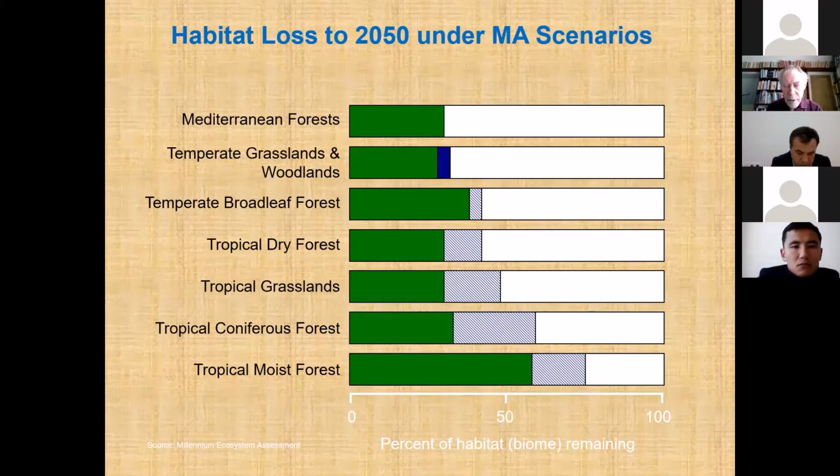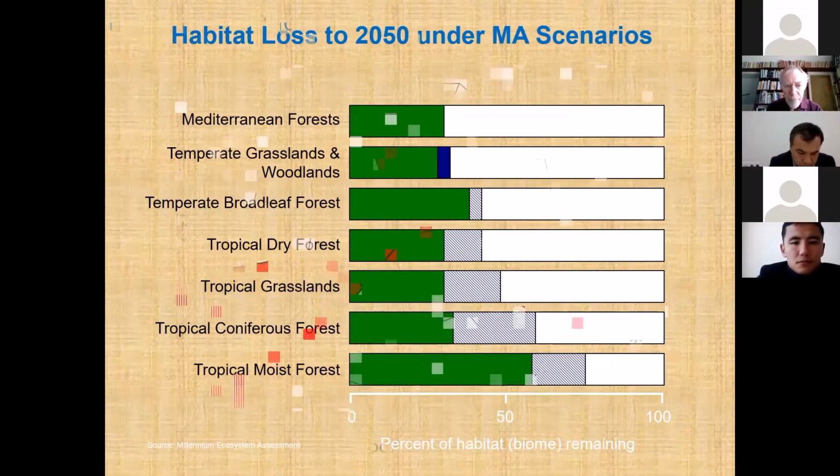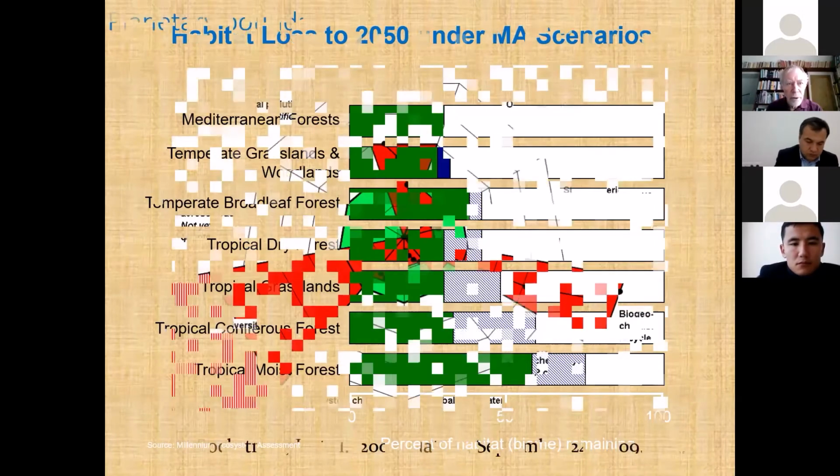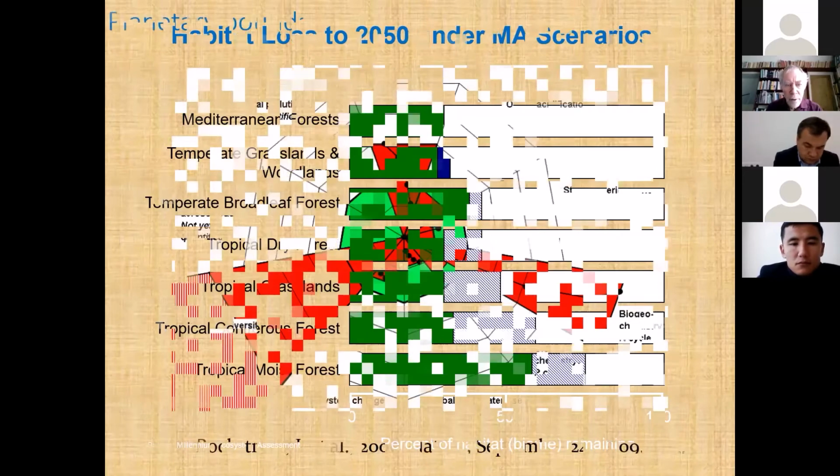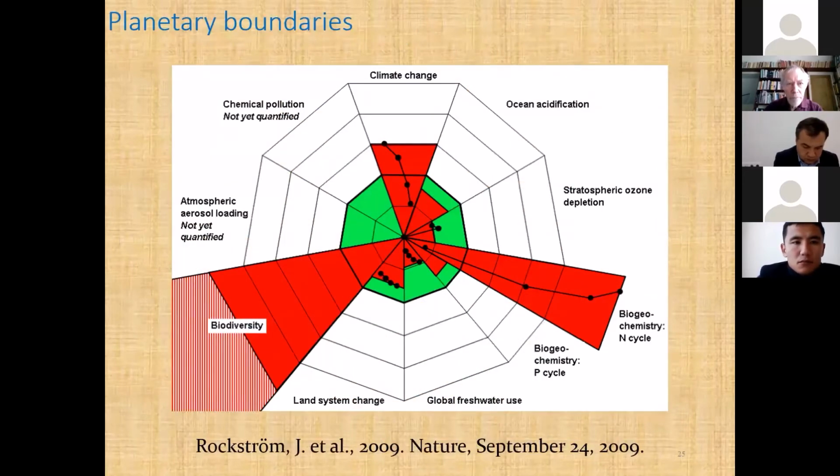You may know that there are efforts to reduce this destruction of habitats. We'll come to that. If we look at this picture, which I've shown before, the planetary boundaries, you see that of the 9 planetary boundaries that were examined in some detail, biodiversity is by far the one that is in the worst situation.